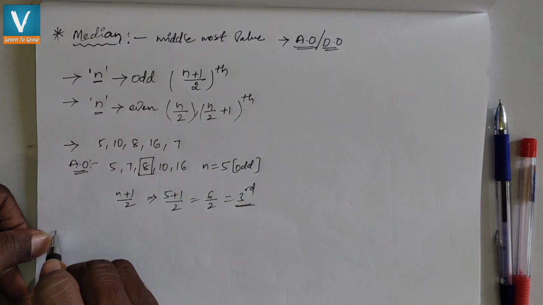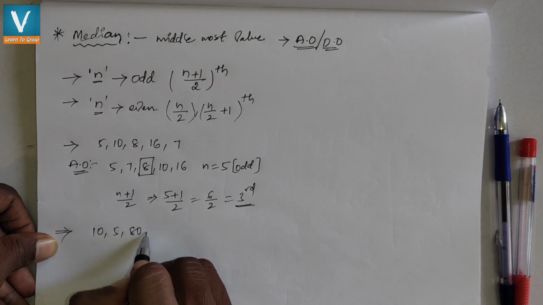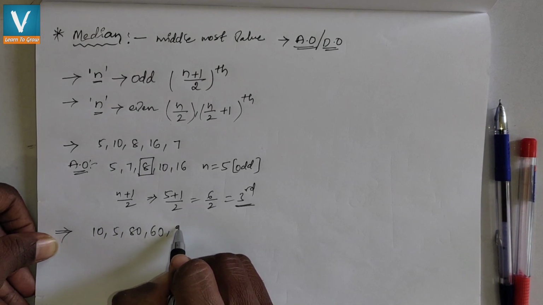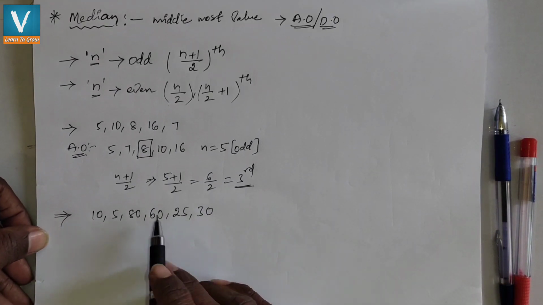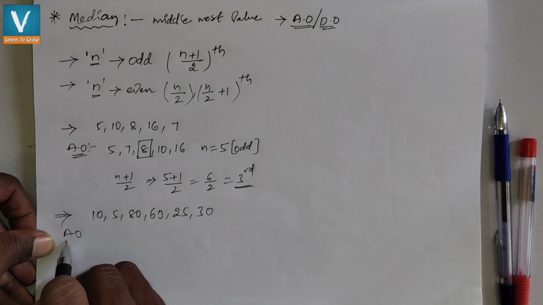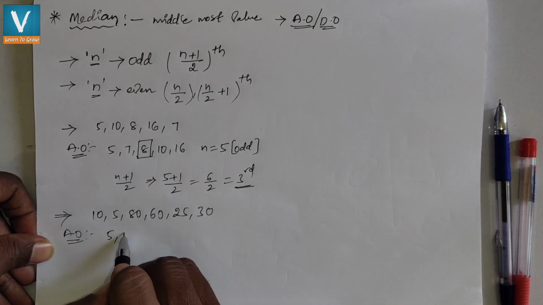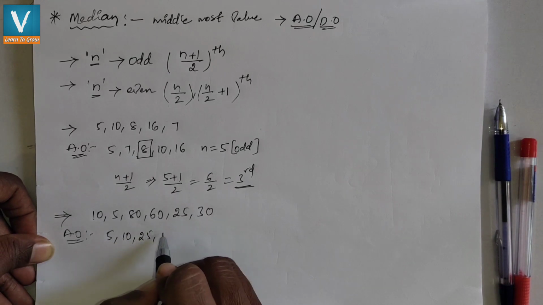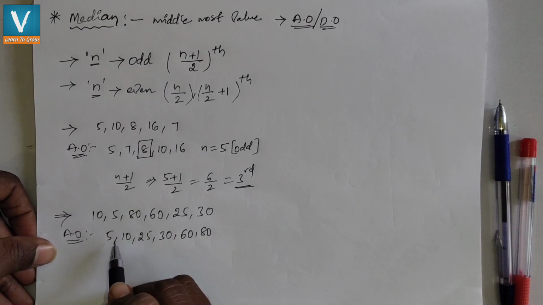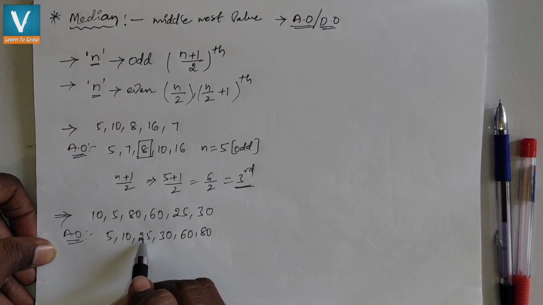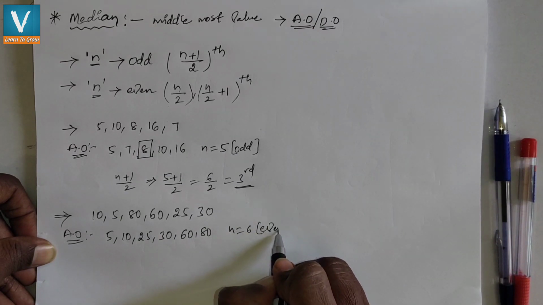Now when the number is even, suppose I'm taking an example like 10, 5, 80, 60, 25, 30. What is the first step? We have to arrange the data in order. I'm taking ascending order: 5, 10, 25, 30, 60 and 80. Now how many observations are here? 1, 2, 3, 4, 5, 6. So n is equal to 6, an even number.